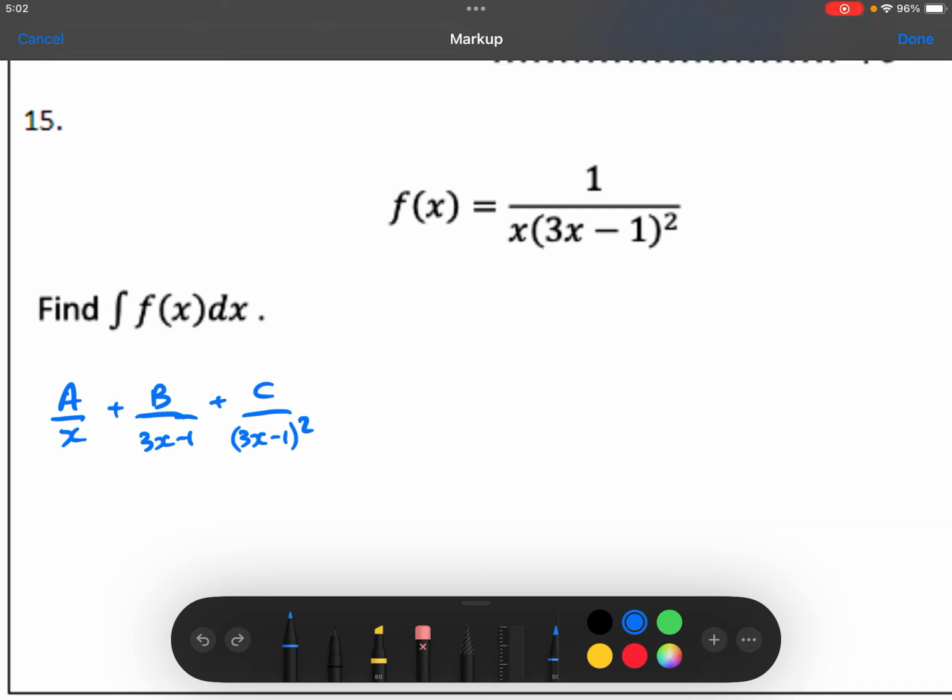Right, let's get a common denominator then, so that a is already over x, so it needs to be multiplied by the 3x minus 1 squared. The b is already over the 3x minus 1, so that needs to be multiplied by an x and another 3x minus 1.